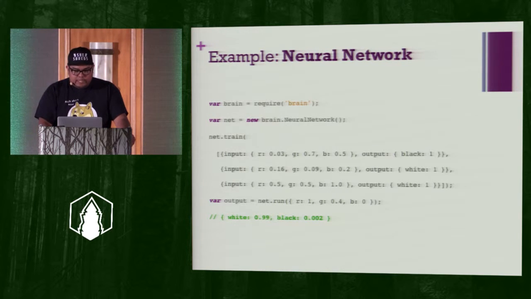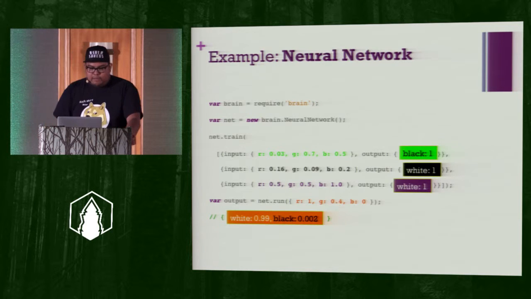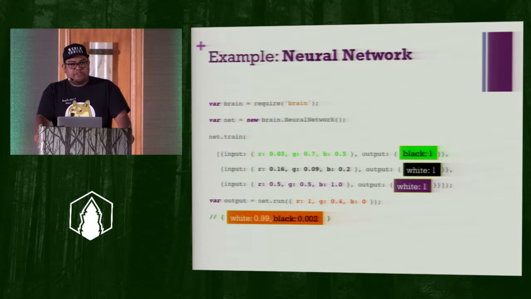So in this example, let me add some color to it. We're trying to learn, given some RGB color as a background, what text color people would most likely want in the foreground. This is based on different votes people gave. For example, someone voted for this green to put black text on it.